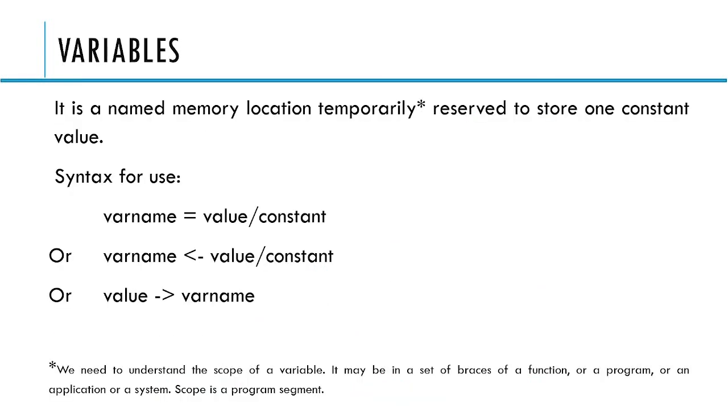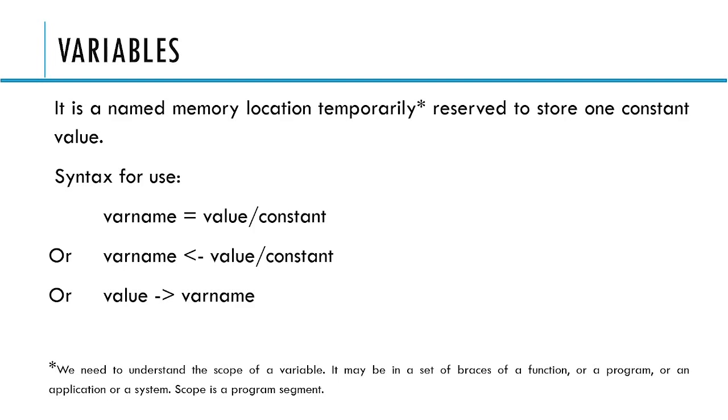Next, where will you keep these constants? Because after printing, constants will go. They will simply run away. You cannot reuse them. So to reuse the constants, you need to store them somewhere. If you need the constants for further use, then you need to store them somewhere. And how to store? You need to reserve a memory location under a name.